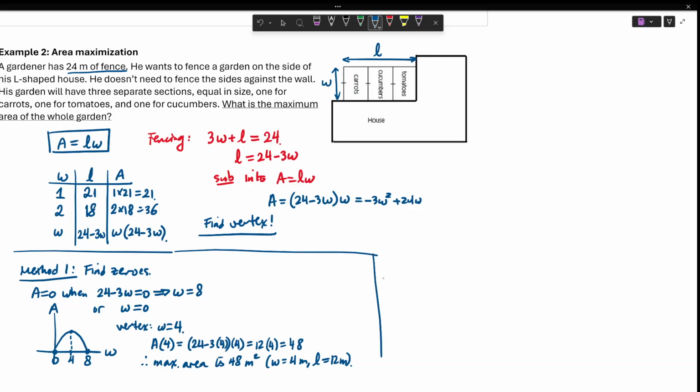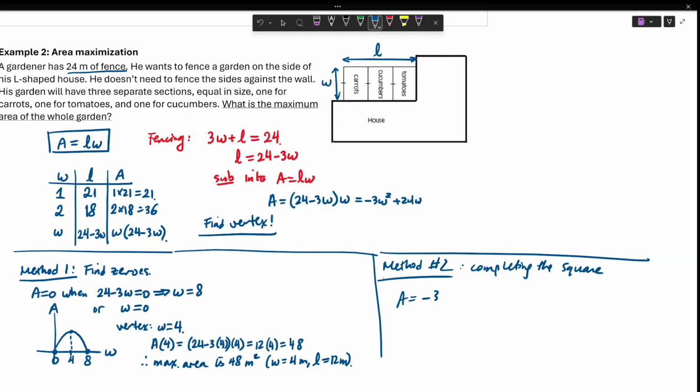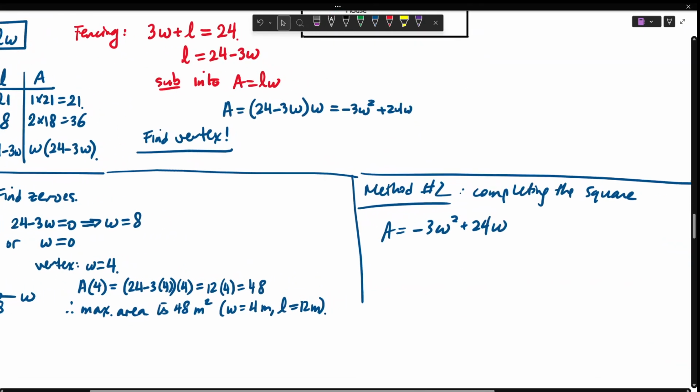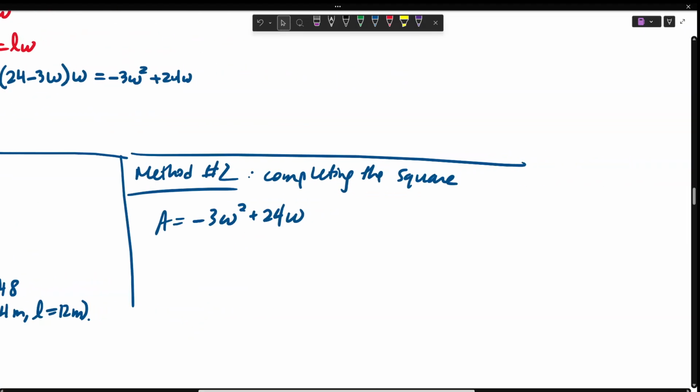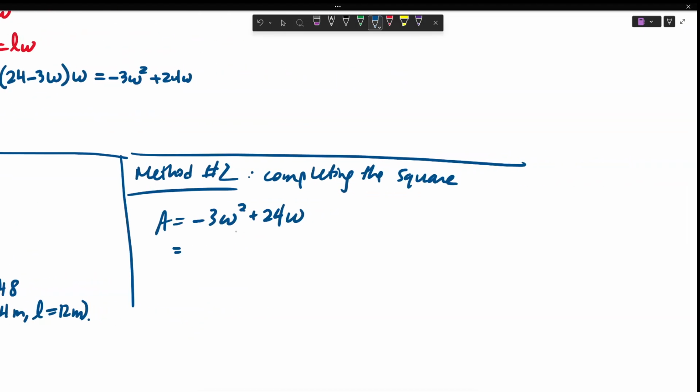Method 2, let's say completing the square. Let's start off with this expanded form, negative 3w squared plus 24w. To complete the square, you'll remember, the first thing you do is factor out the a from the x squared and x terms.